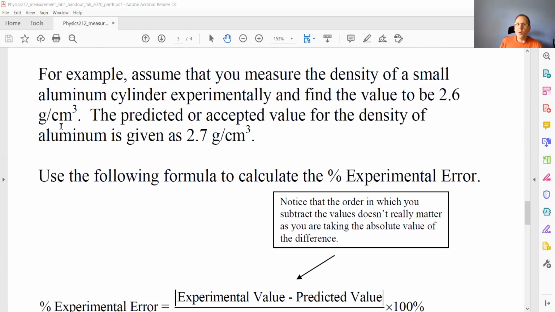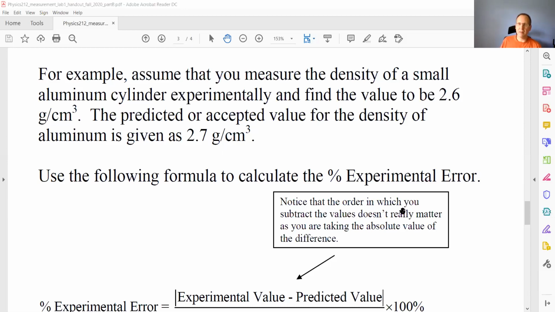And then you're told that the predicted or accepted value, let's say you look this up in some type of handbook or on Google or something, and you're told that the accepted predicted gold standard value for the density of aluminum is 2.7 grams per centimeters cubed. So you want to see how close your experimental value is to the gold standard. So that's when you would compute the percent experimental error.